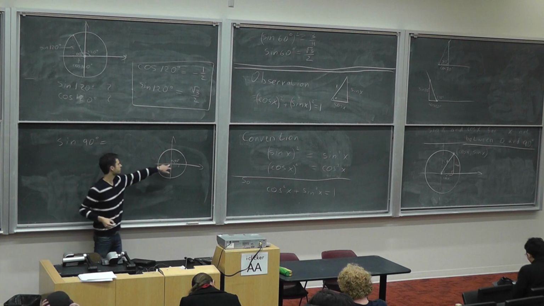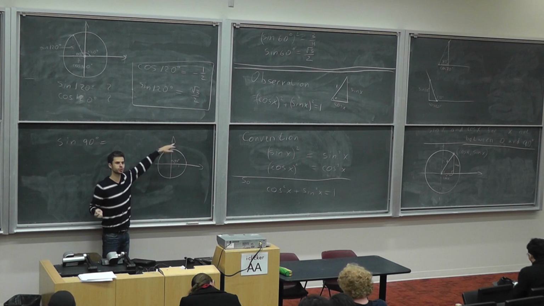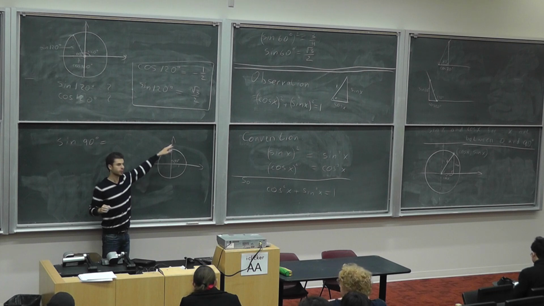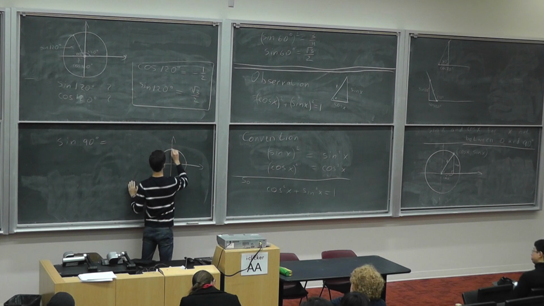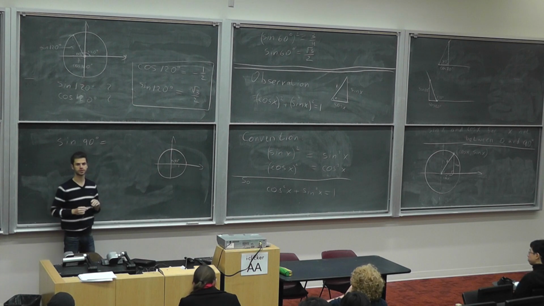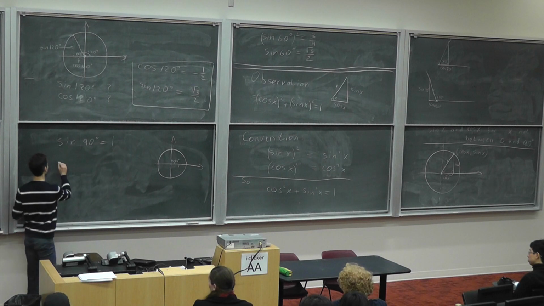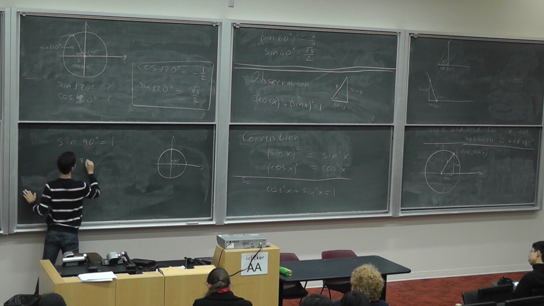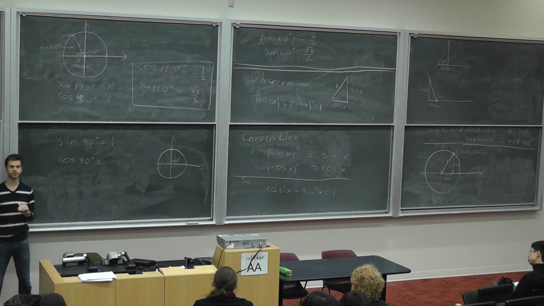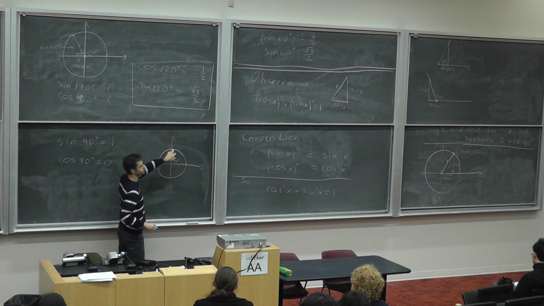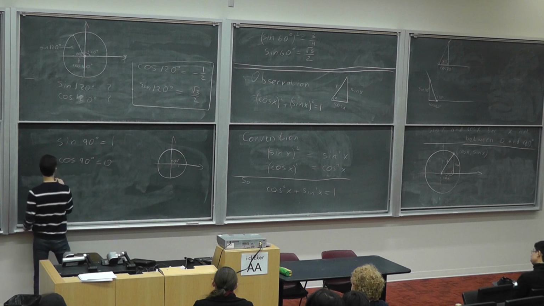And for sine, should I measure the x-coordinate or y-coordinate? Y. So the y-coordinate of this point is 1. Right. So sine of 90 degrees is 1. Cosine of 90 degrees is 0. That's the x-coordinate of this point.